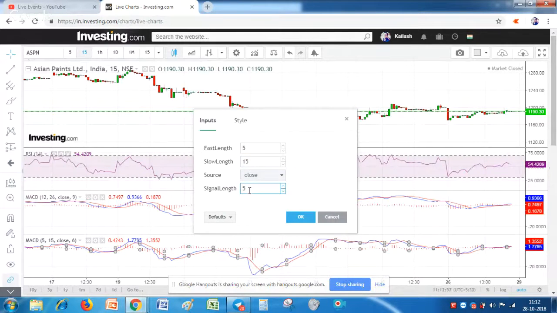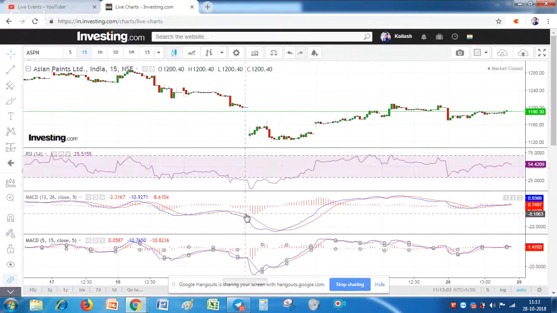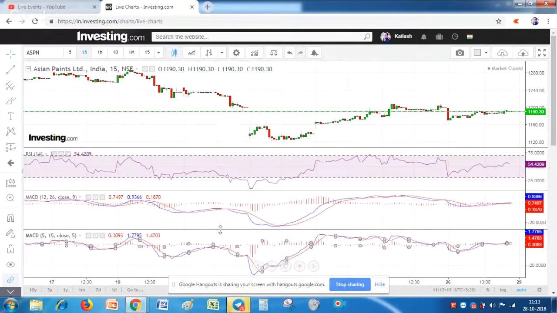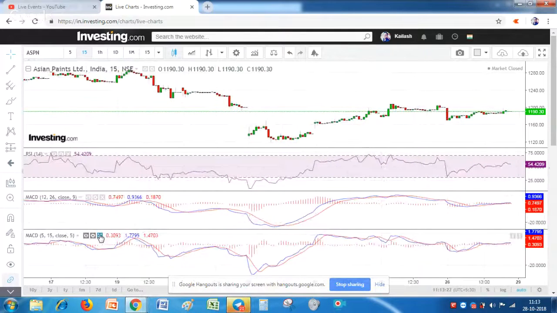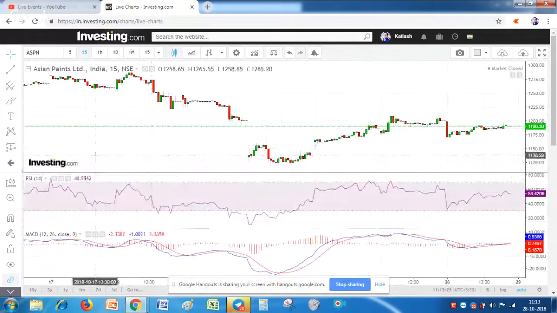I'm using this as my own setup because it works very well for me. I take it as a confirmation, friends. But here it looks a little different also. No need, remove it. We will just go with the default RSI and MACD setups because we already have two indicators there. So first of all, friends, I will tell you about its use in intraday.